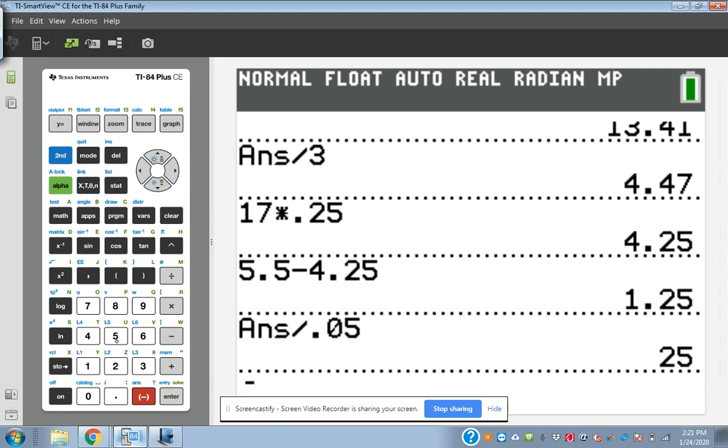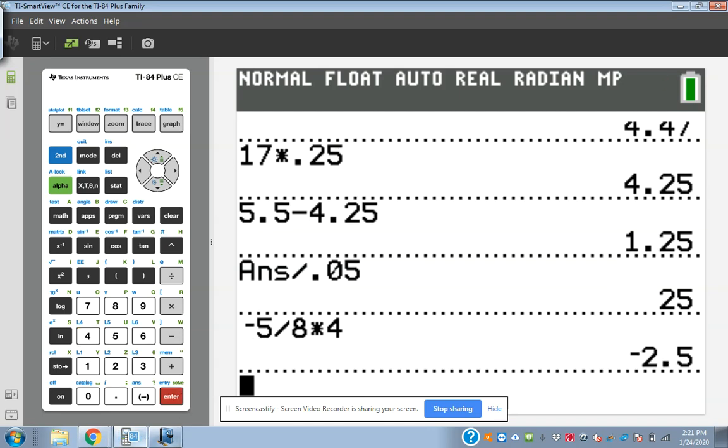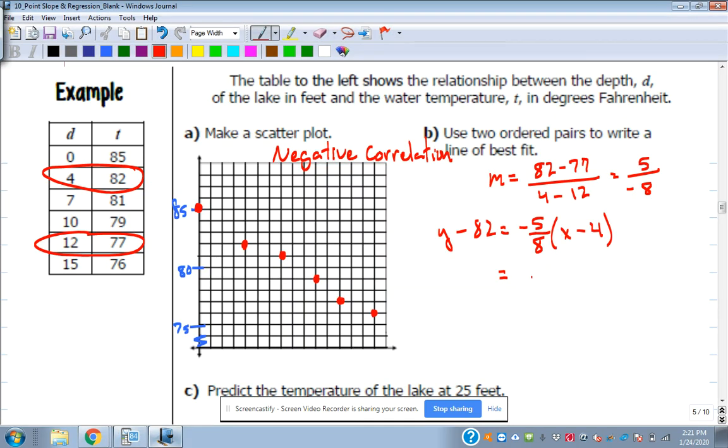So negative 5 over 8 times 4. That's going to be a positive 2.5. So negative 5/8 x plus 2.5, or 5 over 2. I'm going to do decimal here, 2.5.